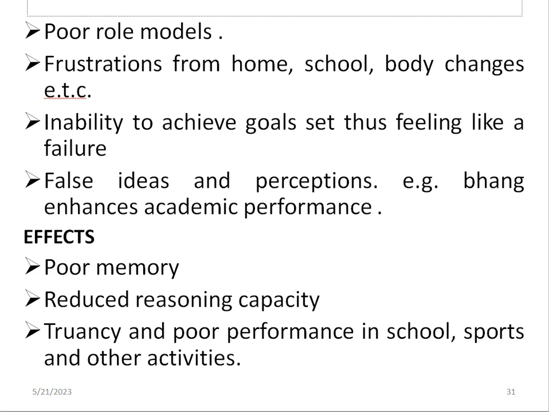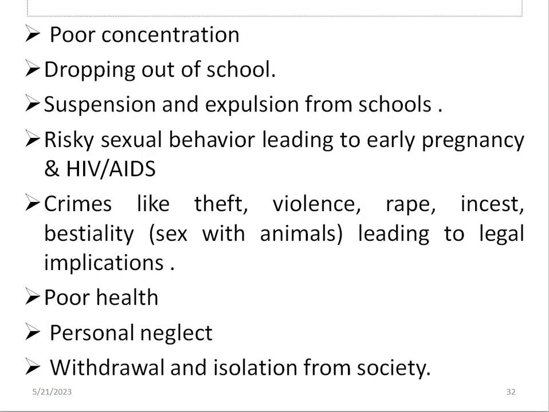Some of the effects of drug and substance abuse include poor memory and not necessarily enhancing academic performance. Another effect is reduced reasoning capacity. There is truancy or poor performance in school, sports, and other activities. This is based on research that has been conducted showing that among drug abusers, truancy increases.